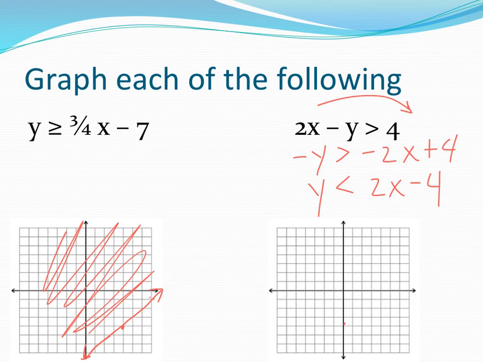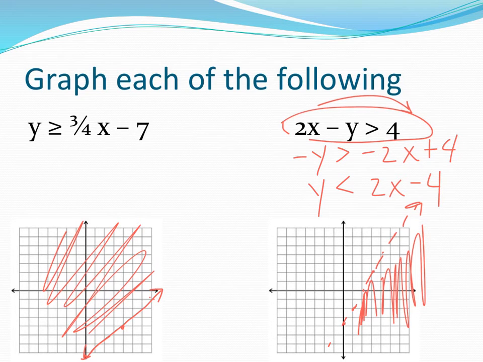So down at -4, and I want a slope of up 2 over 1, up 2 over 1, up 2 over 1. All right, and I am doing a dotted line. And I want to be less than that line. So any coordinate that's in this shaded region but not on that line would satisfy that original inequality.